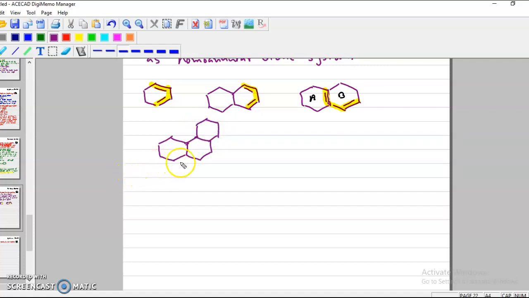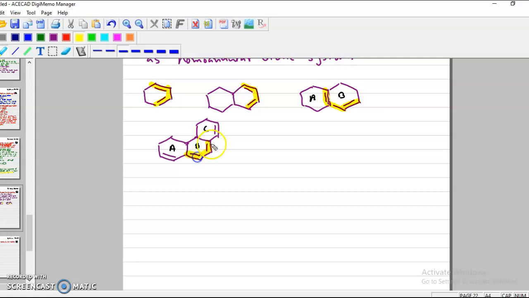Suppose in this case there are more than two alternate pi bonds or double bonds in different rings. We give the names A, B and C to these rings. Here the first and second double bonds are in different rings, but the second and third double bonds are in the same ring.